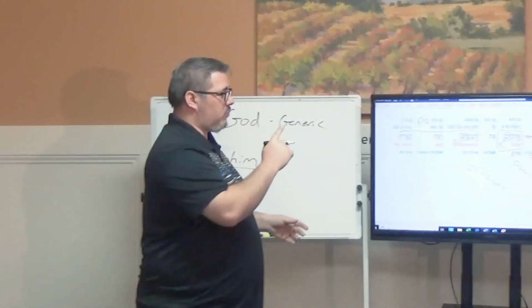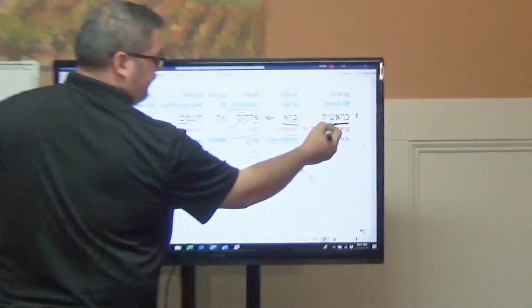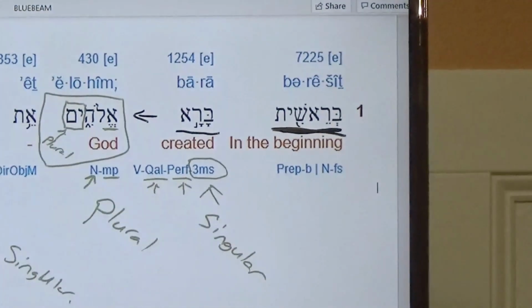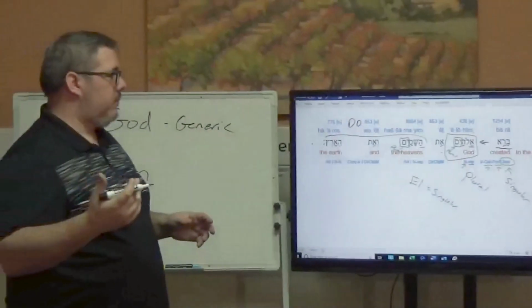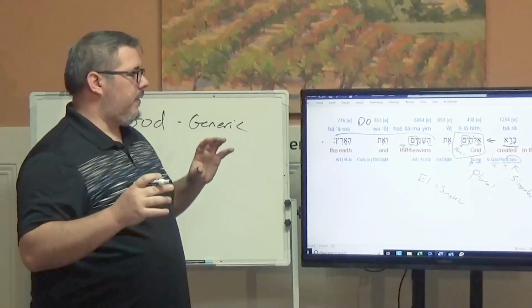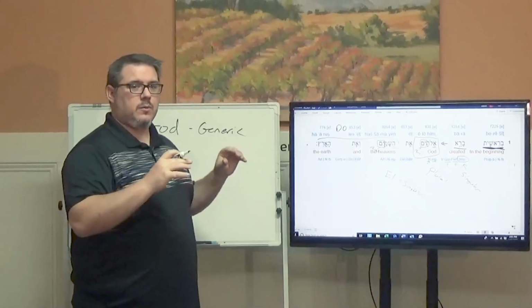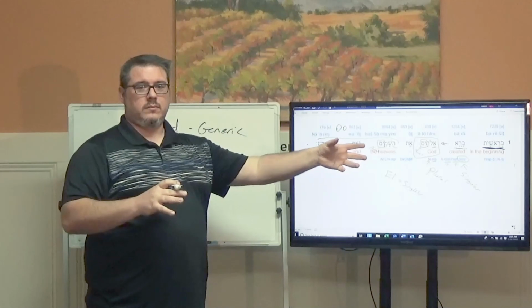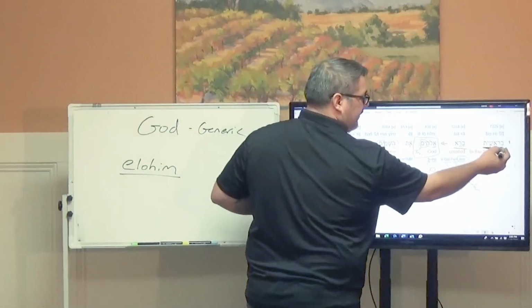In fact, this word, and I kind of skipped over it at the beginning, this word in the beginning can sometimes be translated as the first. The significance is that in this whole process, God literally created time. There was not a before. This was the beginning.